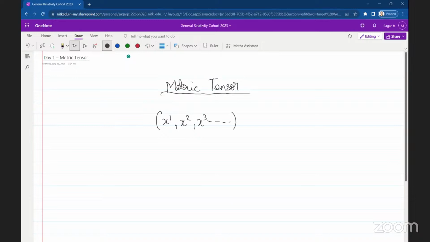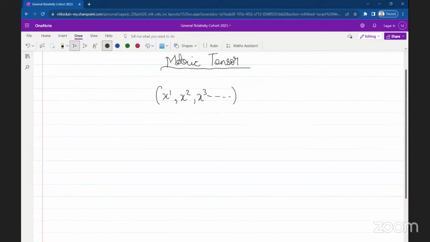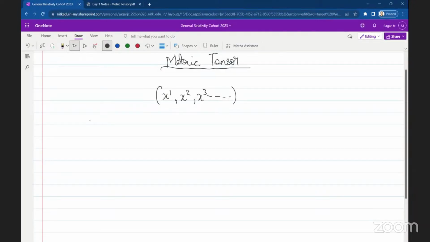Depending on the number of dimensions, there will be that many variables. Now, what is the simplest two-dimensional coordinate system that you know? Cartesian axes. Yeah, so it is the Cartesian coordinates.